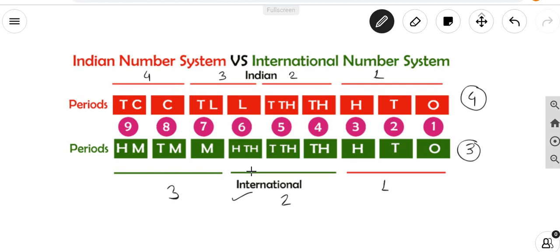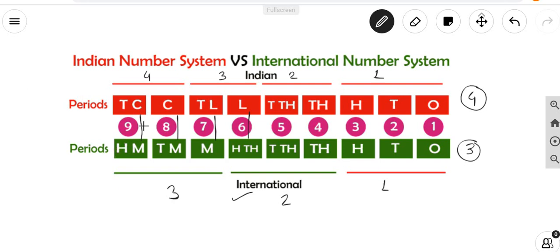But the difference in this place means the lakhs equals 100,000. And 10 lakhs equals a million. Crore equals 10 million. And 10 crore equals 100 million.